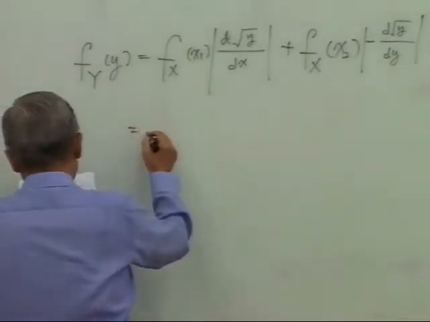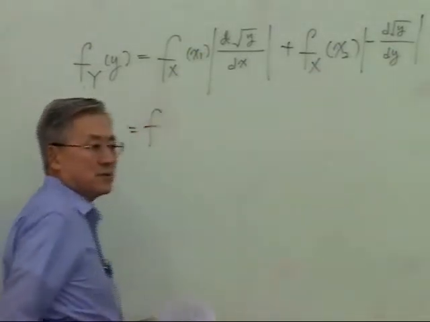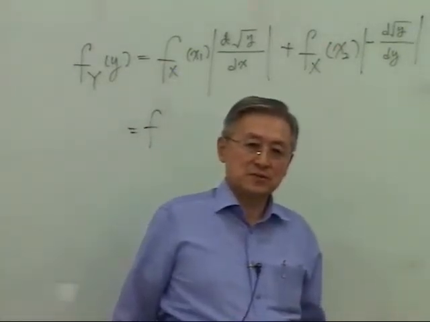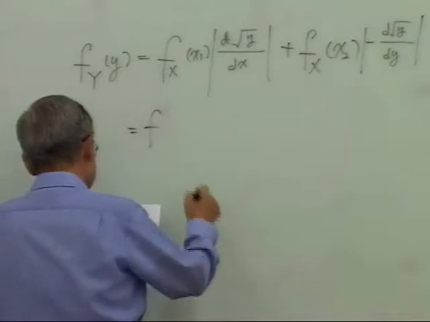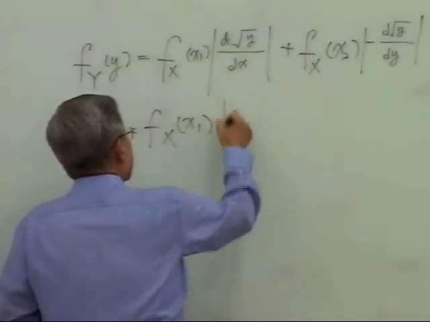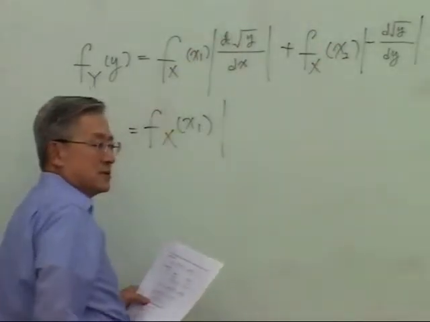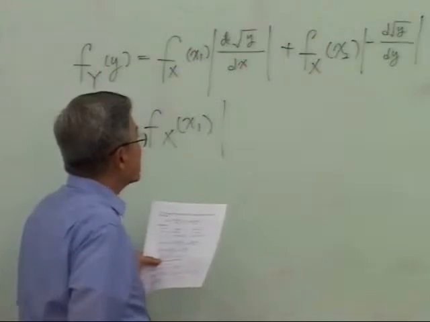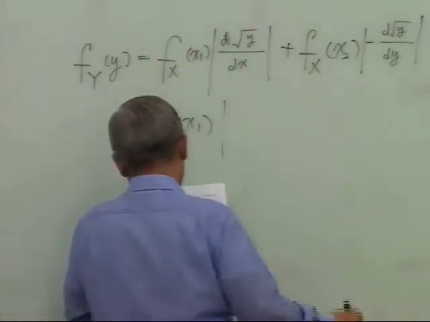And this is equal to, I'm just solving for the case y is equal to x squared. You rewrite here x1, and the square root, you have to differentiate square root of y with respect to y.